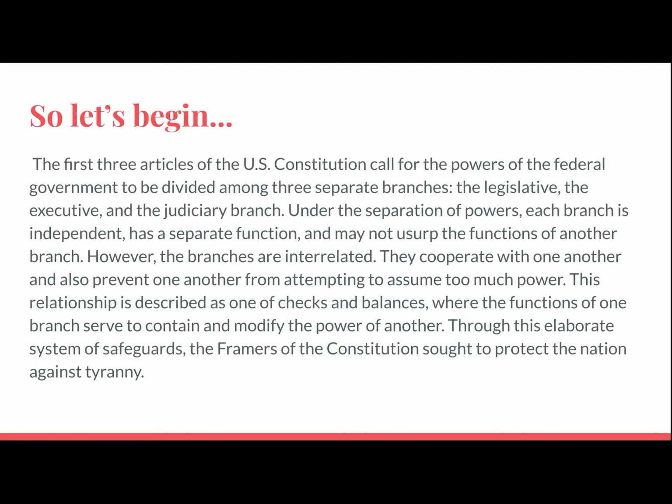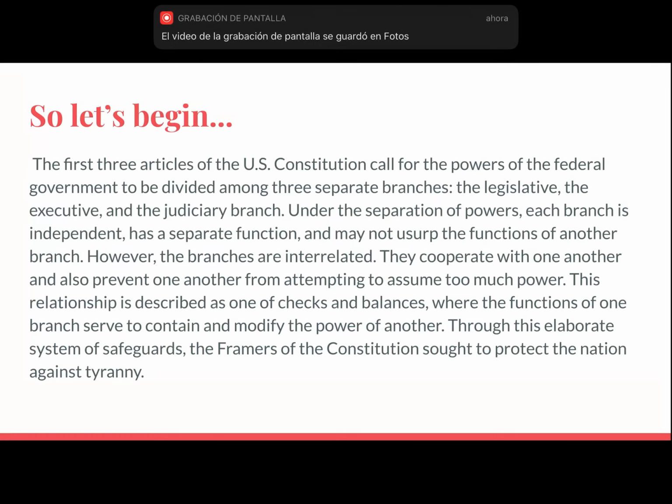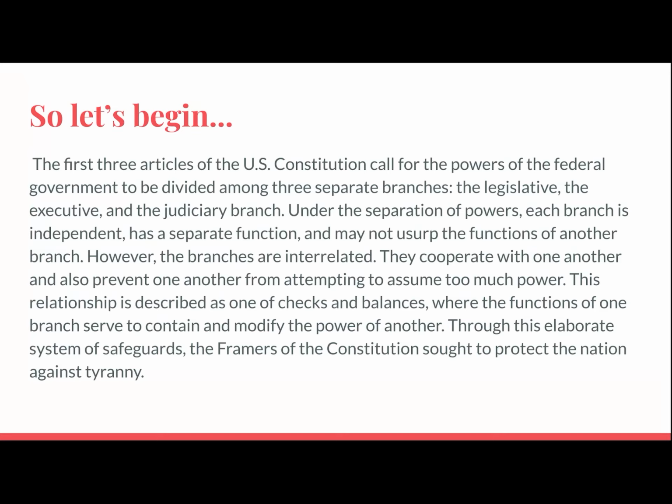So let's begin. The first three articles of the US Constitution call for the powers of the federal government to be divided among three separate branches: the legislative, the executive, and the judiciary branch. Under the separation of powers, each branch is independent, has a separate function, and may not usurp the functions of another branch. However, the branches are interrelated.